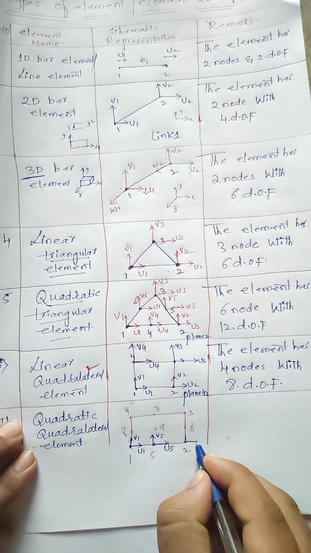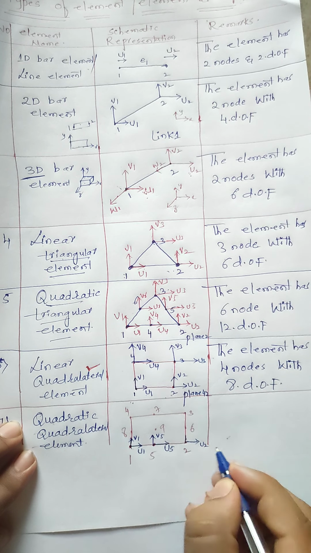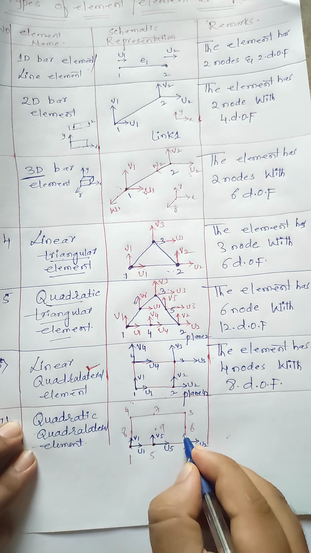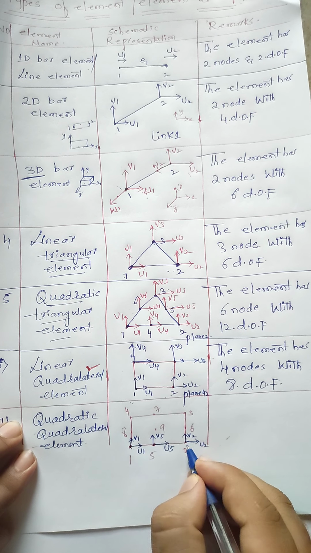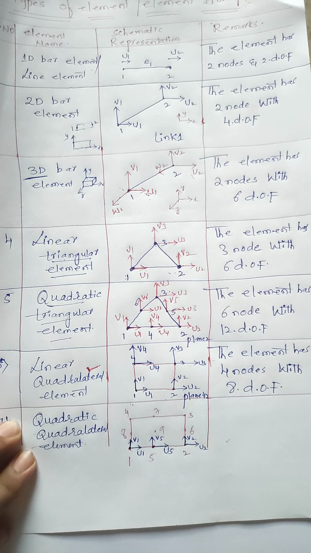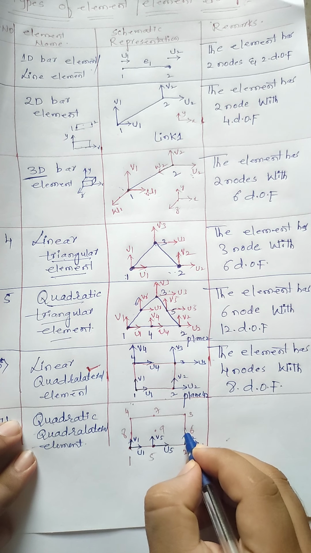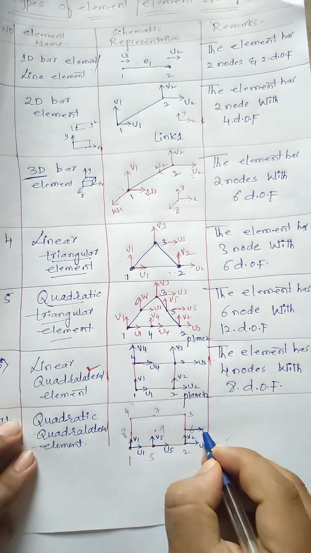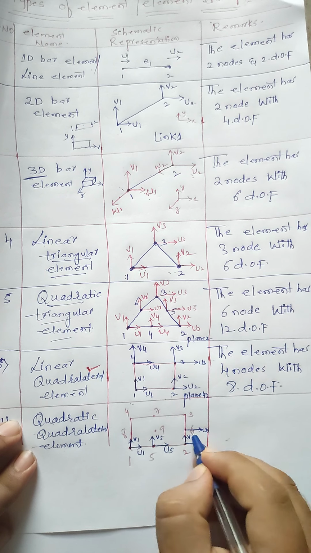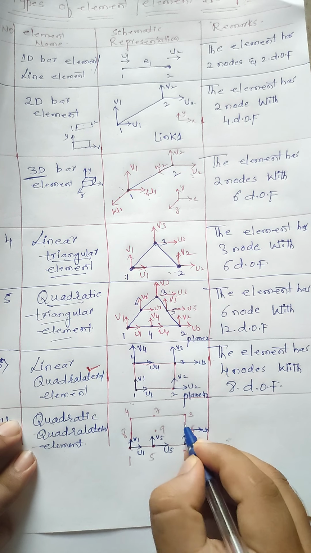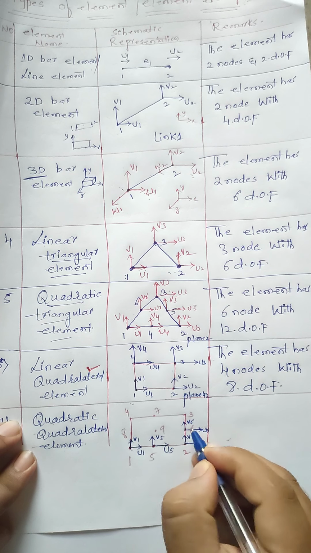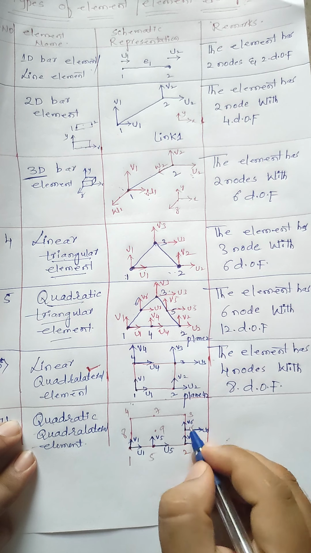The displacement u2 is acting in the x direction, displacement v2 is acting in the y direction, and displacement u6 is acting in the x direction, and displacement v6 is acting in the y direction.